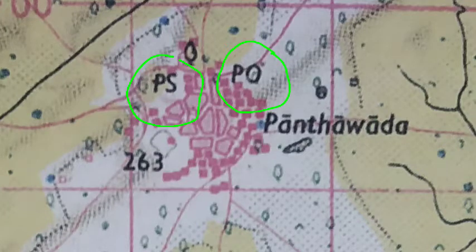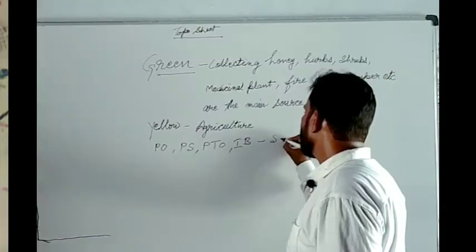These points we discussed yesterday. If in any village these alphabets are mentioned there, then you will write that government job or the service.